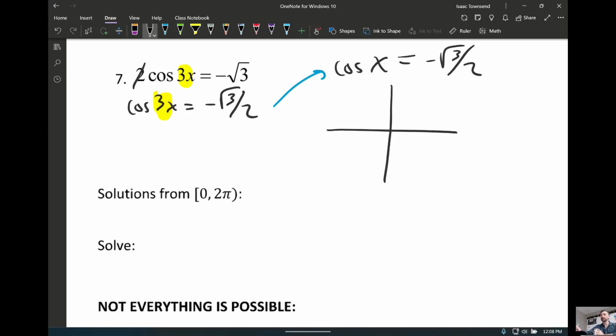If it's a 1x, there would be a solution here and here. This is where cosine is negative square root of 3 over 2. And so I could say there's an answer at 5 pi over 6 plus everything coterminal, but also 7 pi over 6 plus everything coterminal.